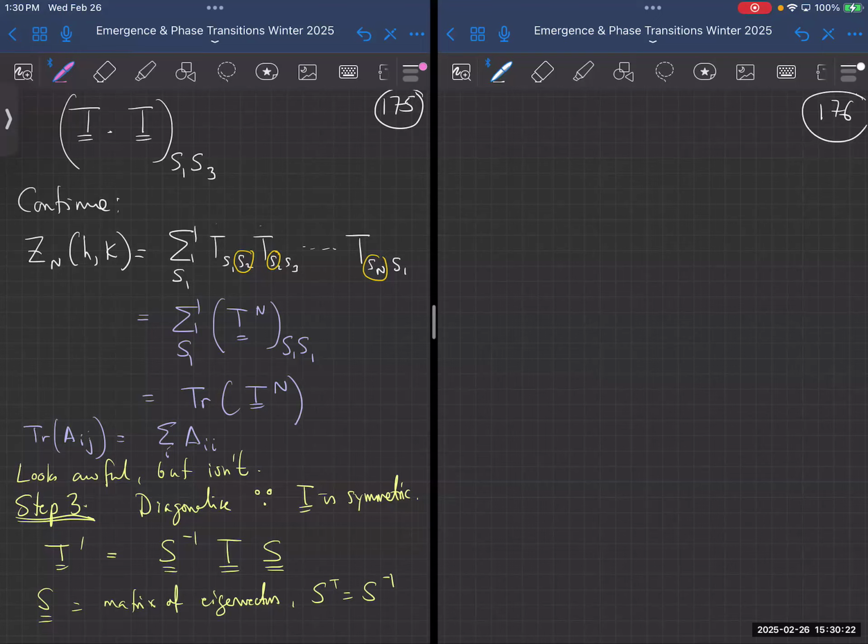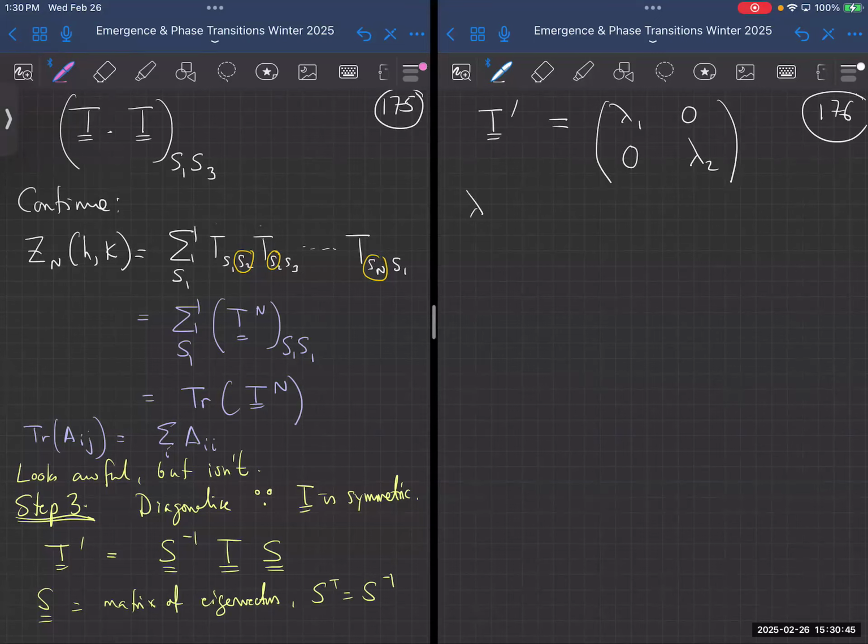And so what that means is that the matrix T prime, after doing that, is going to look like this: lambda 1, 0, 0, lambda 2. So after diagonalization, it's going to have this structure. Okay.